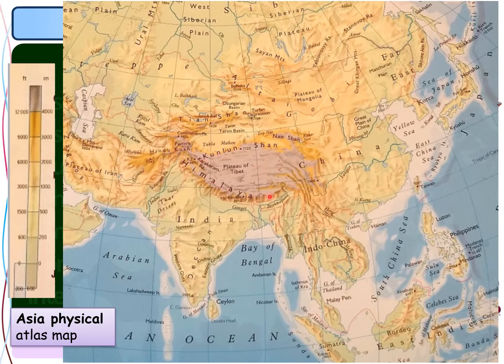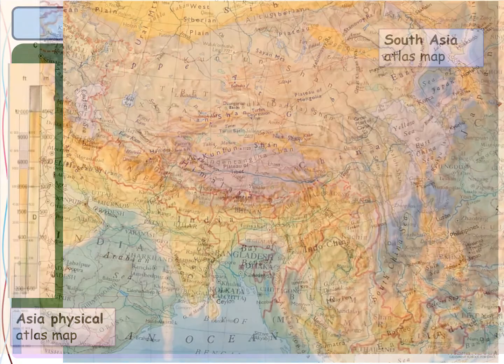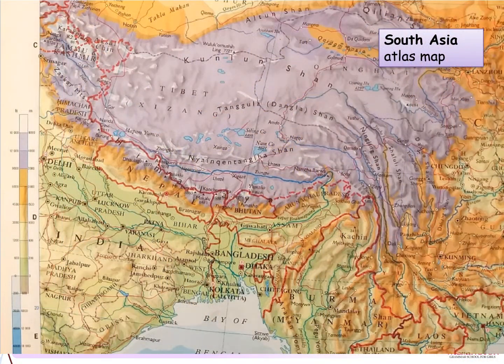It's not just the Himalayas, but this entire area has been formed by slices of the lithosphere piling on top of each other and rising up to a huge plateau, which is the highest plateau on Earth. And it's been formed by the thrust faulting process, which I showed you through my little blocks on my garden patio. I zoom in here. This is the South Asia map. The colours have come out a bit better here.